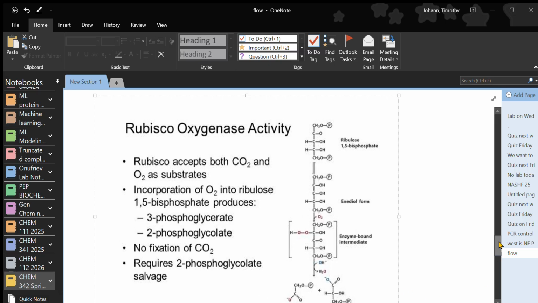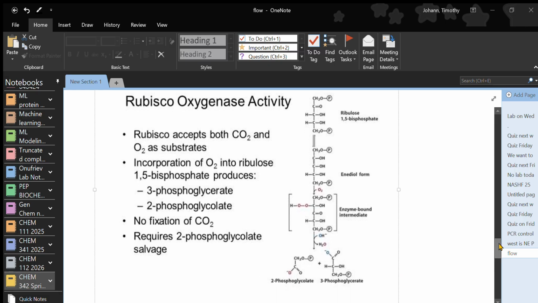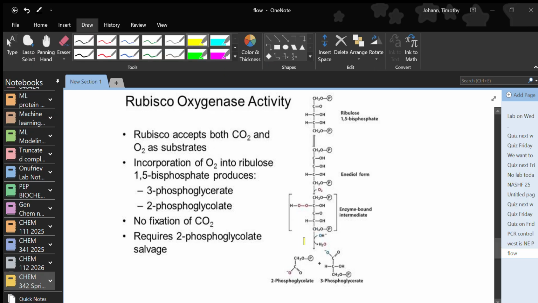And we get this 2-phosphoglycolate off of it. All right, so what we've done here is we made one of the things we normally make by adding oxygen, but we've also got this 2-phosphoglycolate off of it. And that's inefficient. It requires salvage.